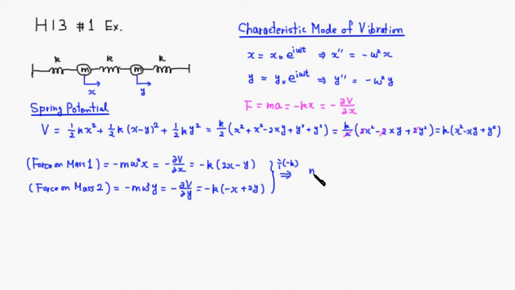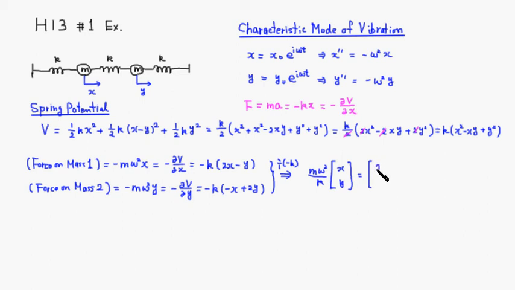So mw squared over k, right? So you have x and y. I'm going to write it in matrix notation. So here's x and y, right? And this is equal to, so negative k is gone. So you have a matrix. I'm just going to write down the coefficients.